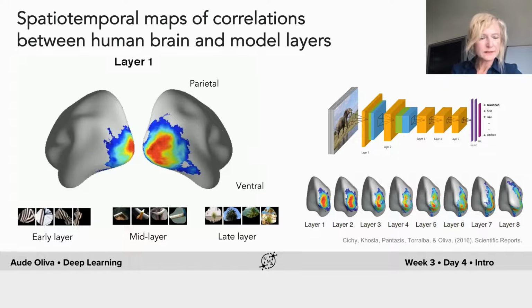In this inflated brain example, we see two hemispheres. So let's localize what we are looking at. Where you see the map, this is the occipital visual brain. The visual ventral regions are at the bottom, and the parietal ones are at the top. When I start the movie, you will see how the correspondence between the early to late layers of the model matches the best the visual brain from occipital to ventral to parietal region.